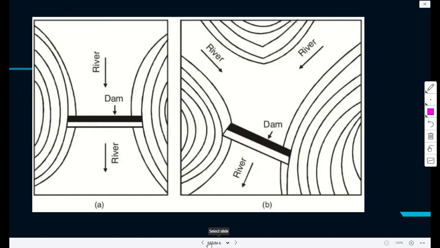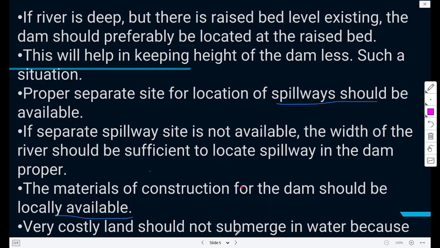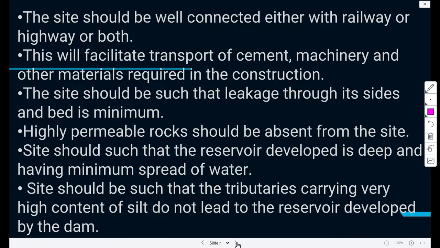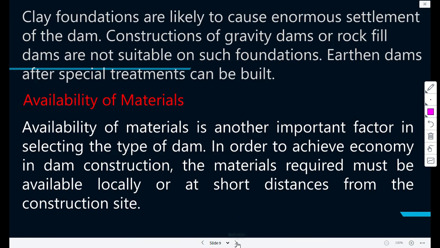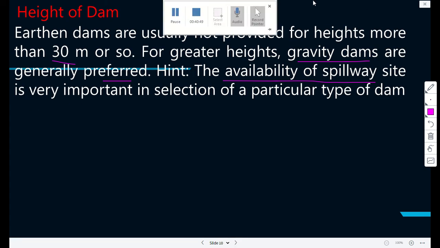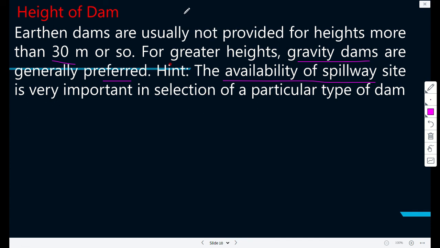Those are very important factors to consider for the choice of the dam, and also the method of construction. I think we will end here unless there's a question.